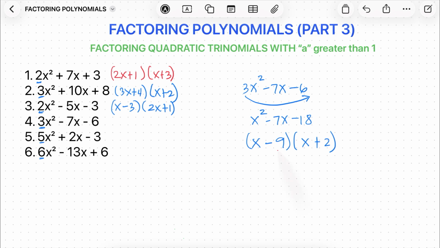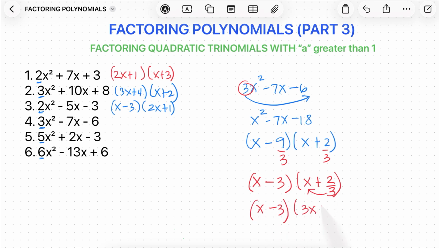And then we're going to divide both with 3. So this one will be x minus 3, because 9 divided by 3 is 3. And then this one is x plus 2 over 3, or multiplying that one, that would be 3x plus 2. Therefore, our final answer would be x minus 3, 3x plus 2.